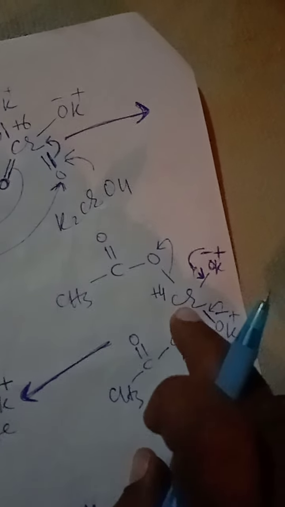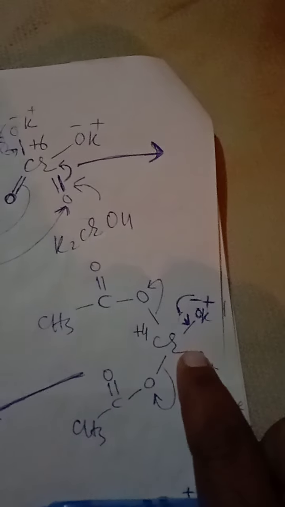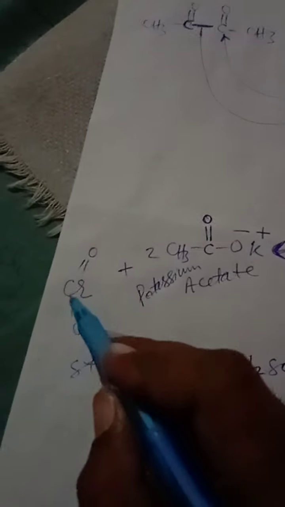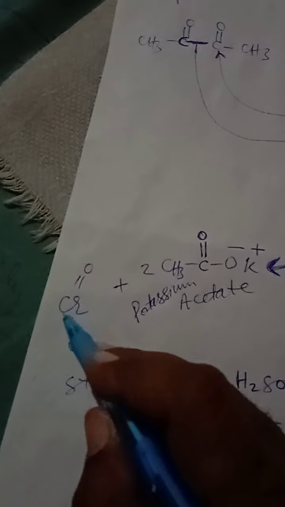Similarly, this oxygen chromium bond becomes ruptured, and this oxygen chromium bond becomes ruptured. They form Cr double bond O, Cr double bond O, which gives this type of compound, Cr double bond O, Cr double bond O.